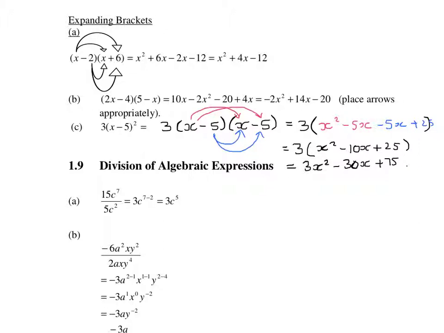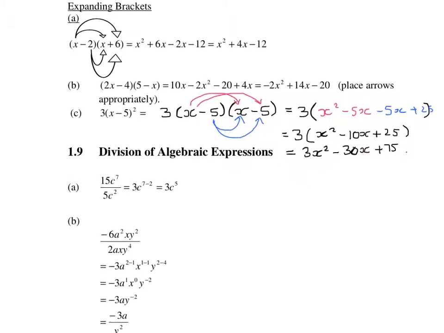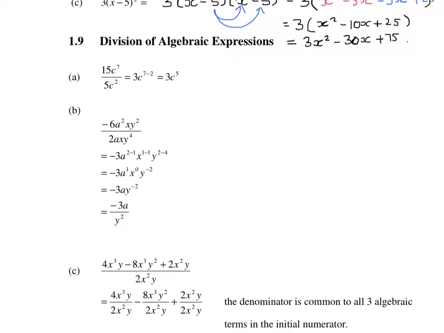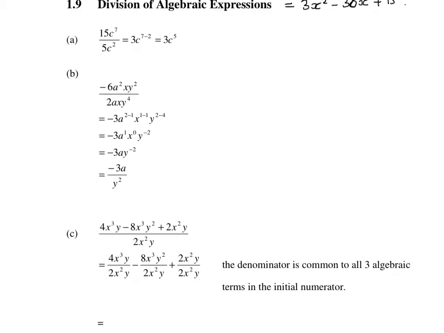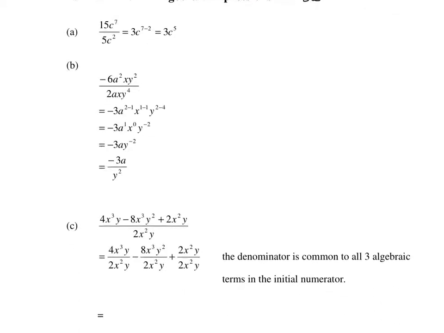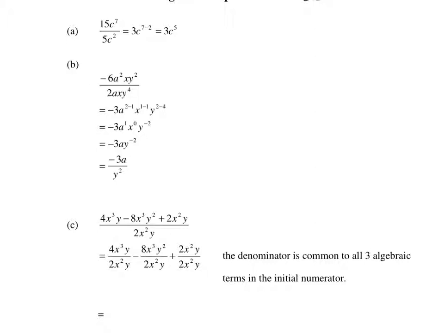So now moving on to the division of algebraic expressions, which is basically using the second index law. So for instance, with the first example, 15c to the power 7 divided by 5c squared.